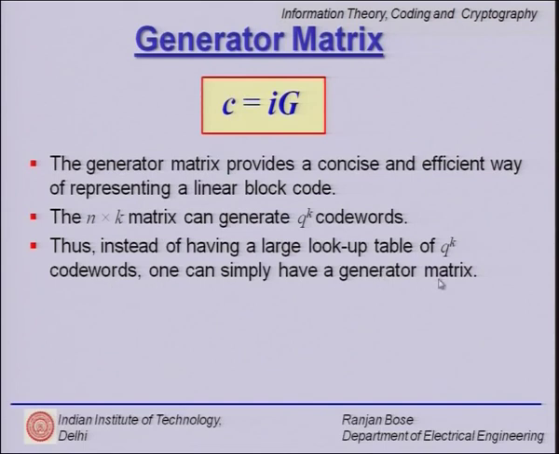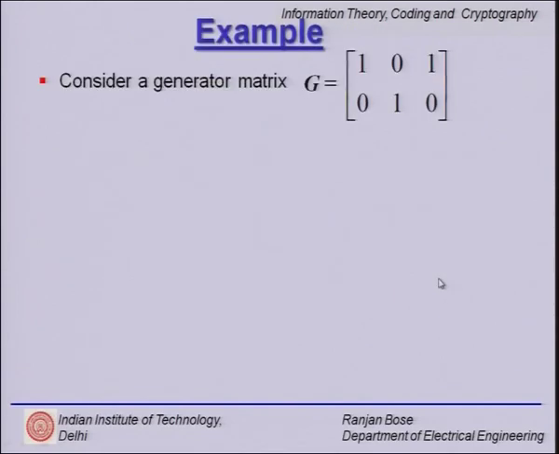A very quick example: this is a 2 cross 3 generator matrix. So clearly k is equal to 2 and n is equal to 3. It will take in a vector of length 2 and generate vectors of length 3.